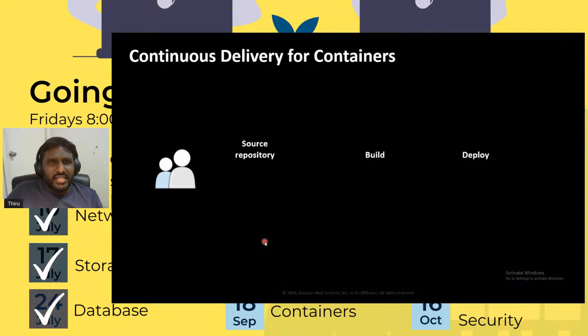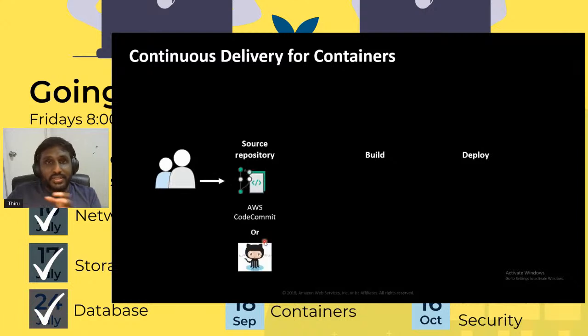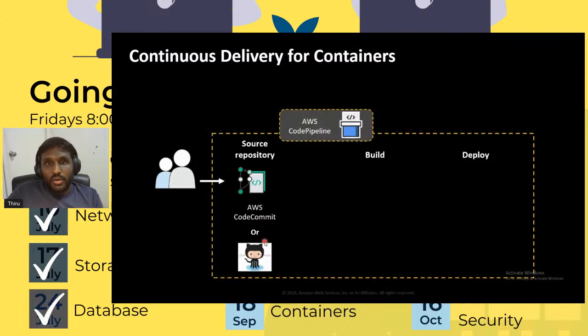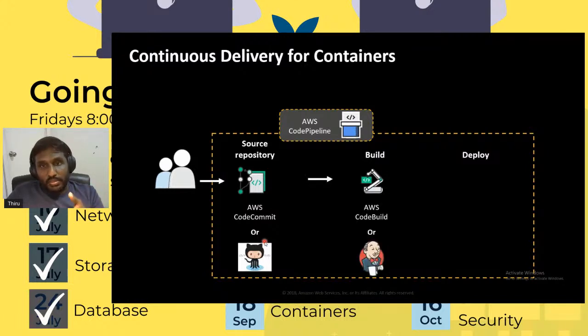And finally, I wanted to talk to you about how continuous delivery for containers actually works. You go from source to build to deploy, but how does that work from a container perspective? You use CodeCommit or GitHub to write your code. You orchestrate the entire thing with CodePipeline and use CodeBuild to build it.